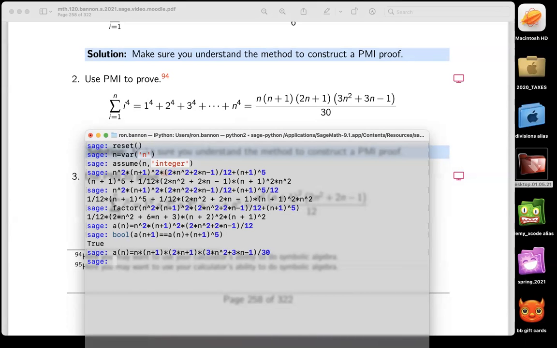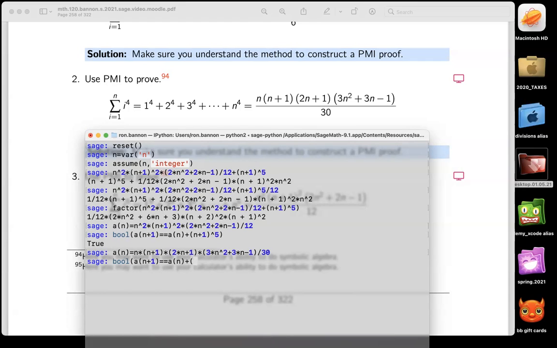Now what I want to see is the Boolean, if it's true or not. I want to see if, again, just like I did the prior one, n plus 1, which would be a lot of work for me to do otherwise, is the same thing as an plus the next term on.